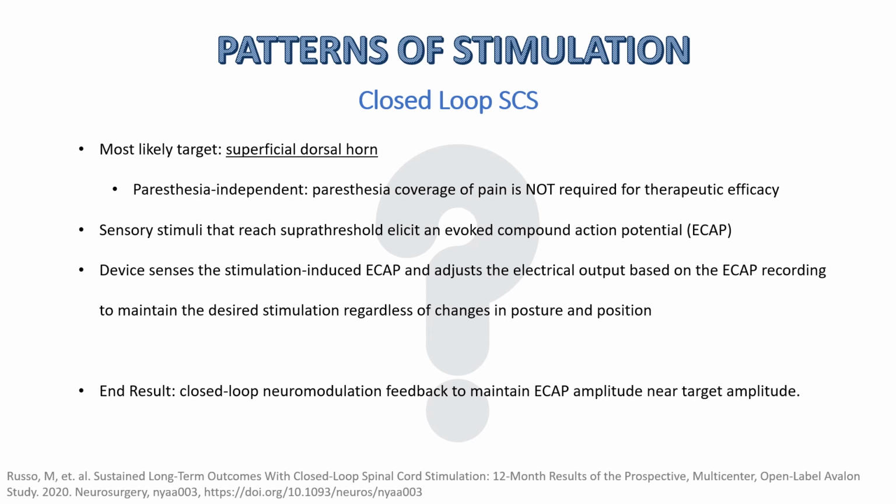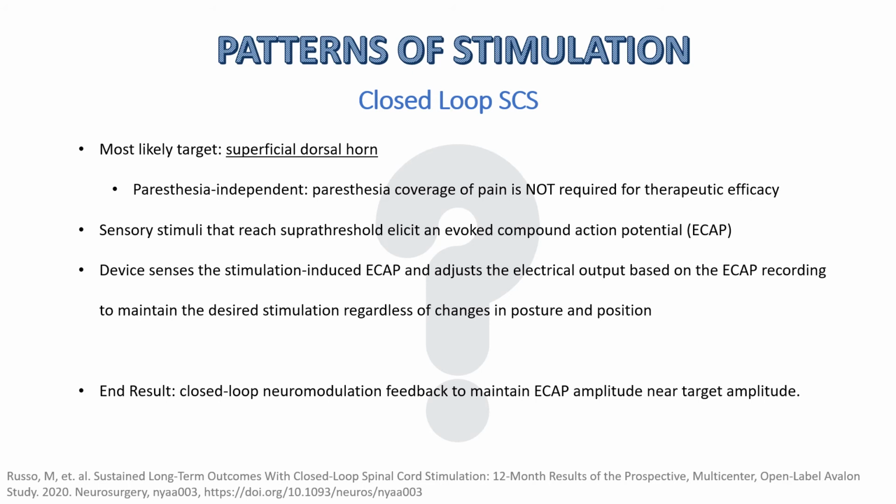Closed loop spinal cord stimulation most likely targets the superficial dorsal horn as well. Paresthesia coverage of pain is not required for therapeutic efficacy. Sensory stimuli that reach suprathreshold elicit an evoked compound action potential. The device senses the stimulation-induced ECAP and adjusts the electrical output based on the ECAP recording.